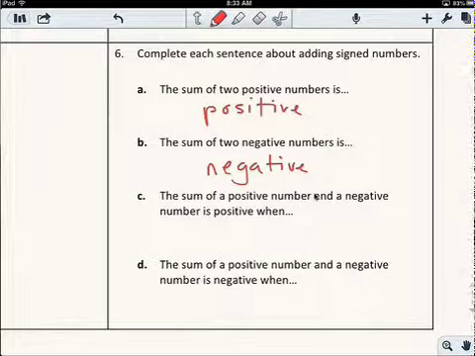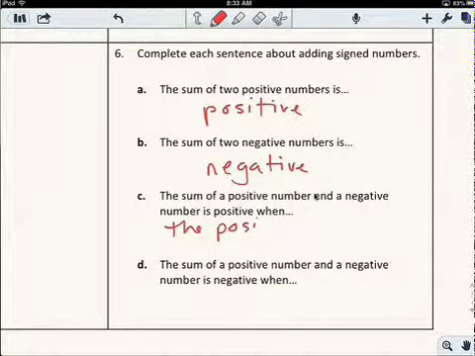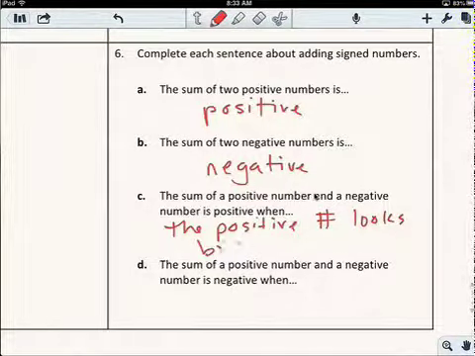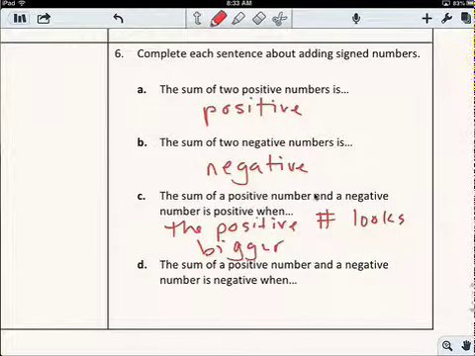The sum of a positive number and a negative number is positive when the positive number looks bigger. For example, 8 looks bigger than negative 5 because 8 is a bigger number than 5.